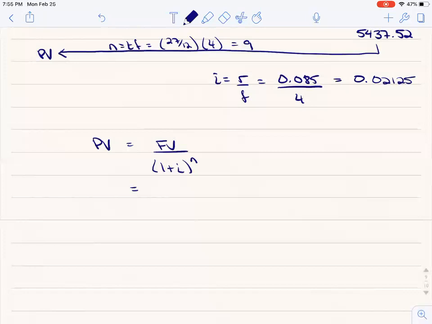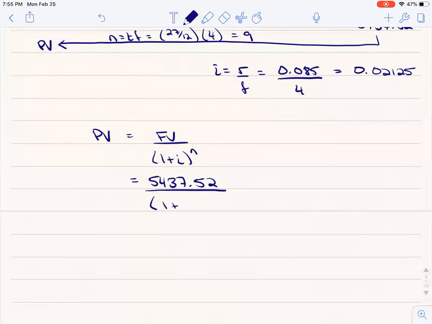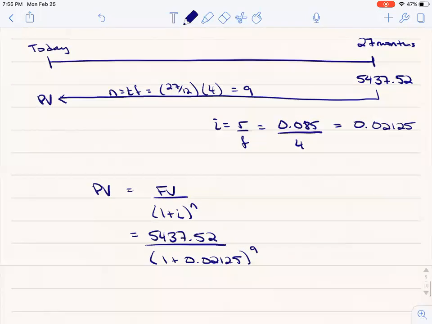The future value is 5,437.52, all over 1 plus i, which is 0.02125, to the power of n, which is 9. Again, I can do that because I've already shown the calculations elsewhere.